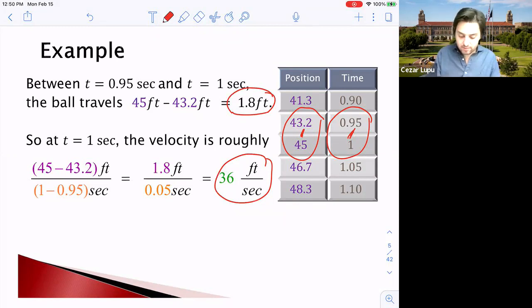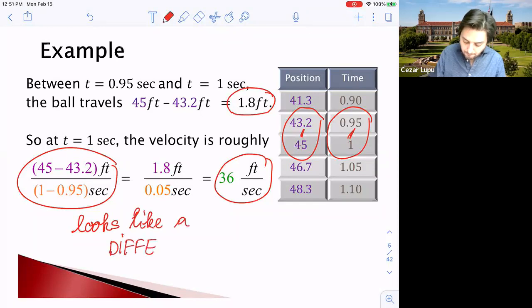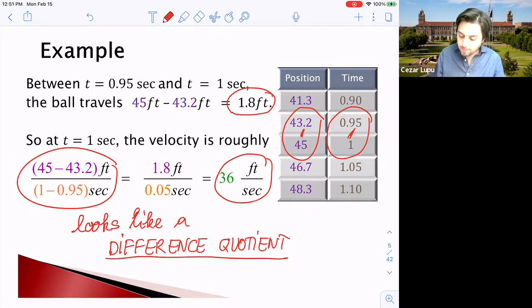So this guy here looks like a difference quotient. So far, this is what it is. We haven't taken any limits so far, right? Okay.